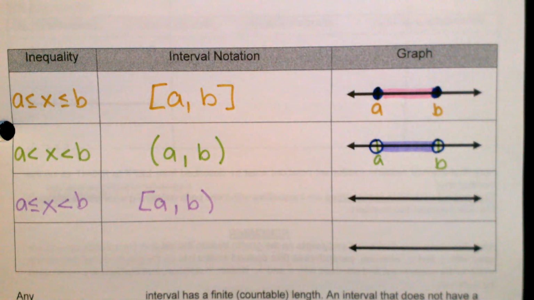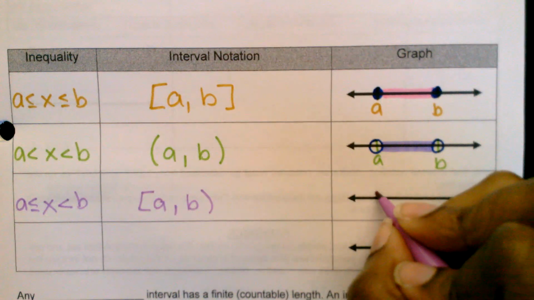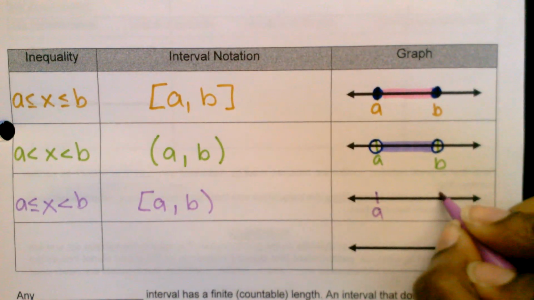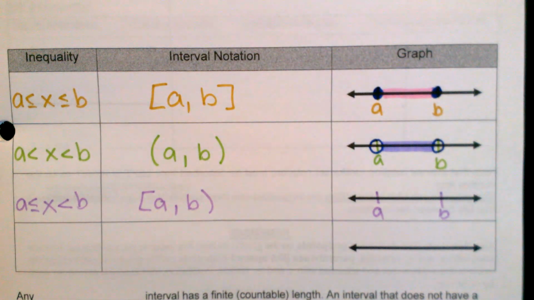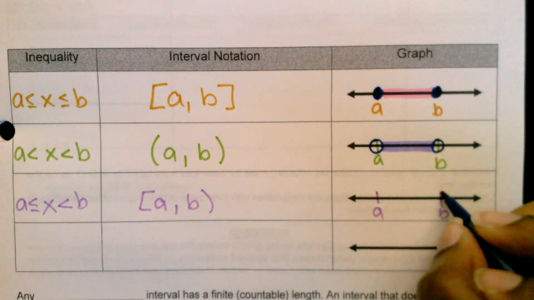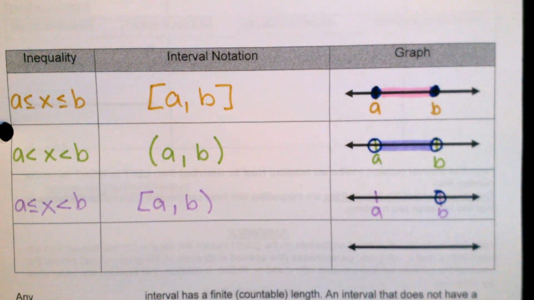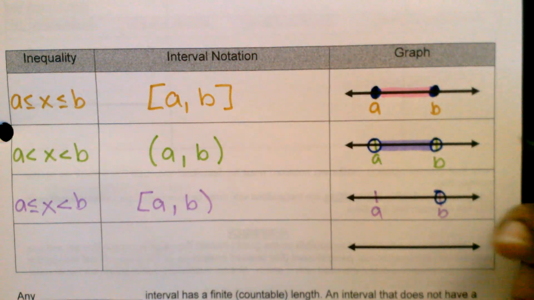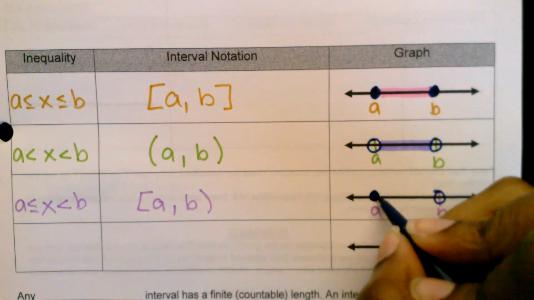So when I graph this on the number line, I have A, I have B. Which one is going to have the open circle? Excellent job. B is going to have the open circle. So that means A is going to have what? Excellent job.